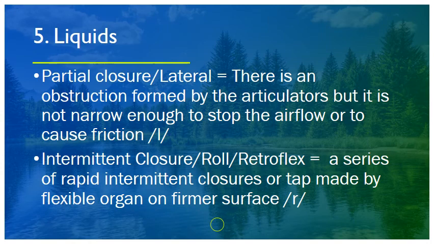It rolls, it flaps up to the position of the alveolar ridge. The organ is firm and very tense. And that's when you make the sound of r, like in rhyme, right.